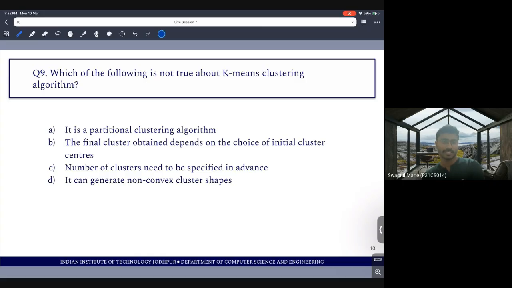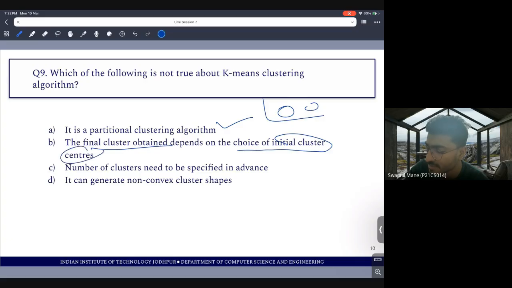And option D, it can generate non-convex cluster shapes. The final clusters often depend on the choice of initial cluster centers. So option A is correct. That is in partitional based clustering, it partitions the distribution.